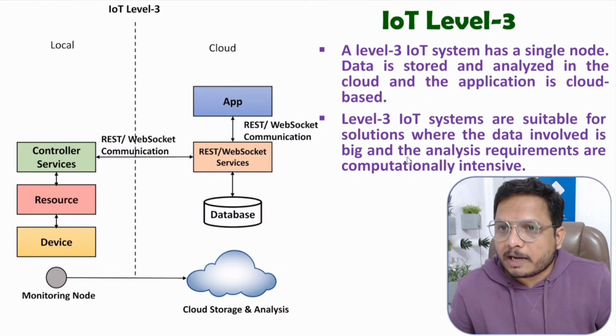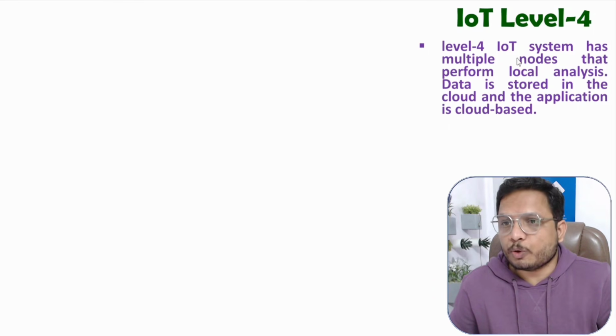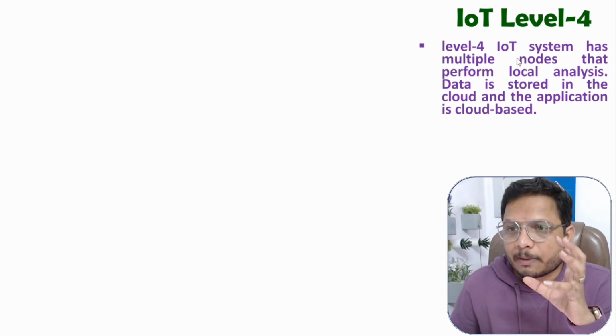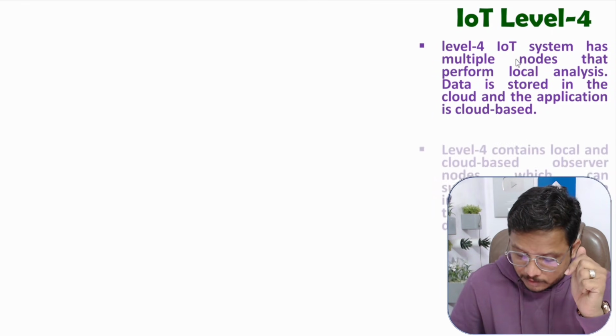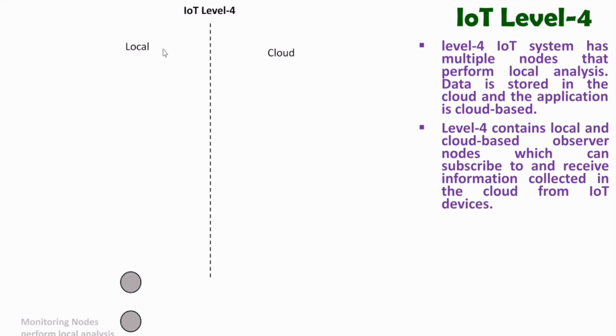Now let us talk about level 4. So in level 4, see, there will be multiple nodes, right? Multiple nodes will be interacting with cloud. And here if you observe, the multiple nodes that we are having are interacting with cloud.